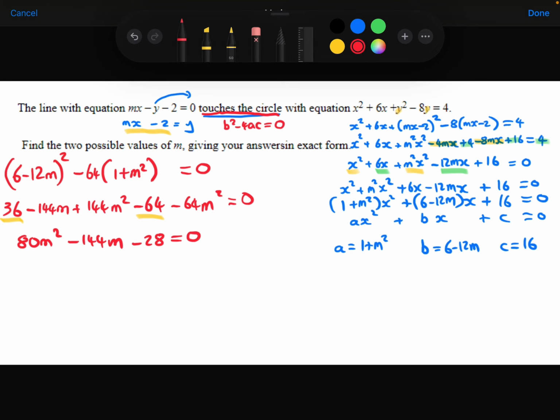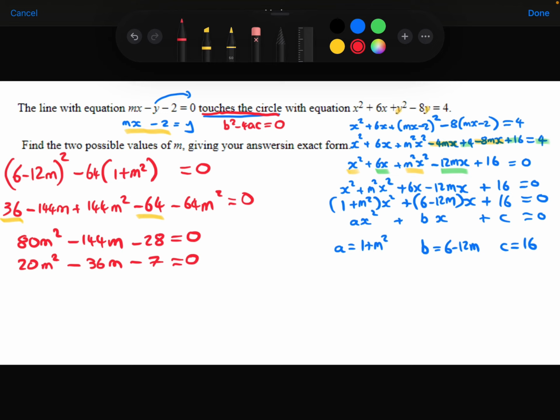Now, some big numbers in that equation, so we can simplify by dividing through by 4. 80 divided by 4 is 20. 144 divided by 4 is 36, and the 28 divided by 4 is 7.